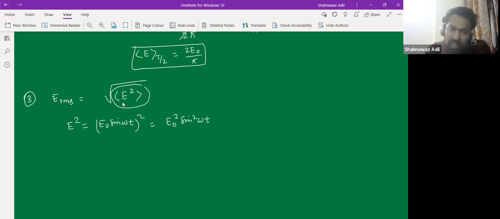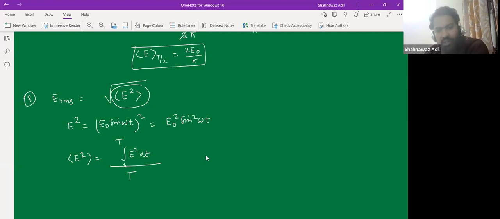Now we have to take the average of this. The average of E square would be the integration from 0 to T of E square dt divided by T.